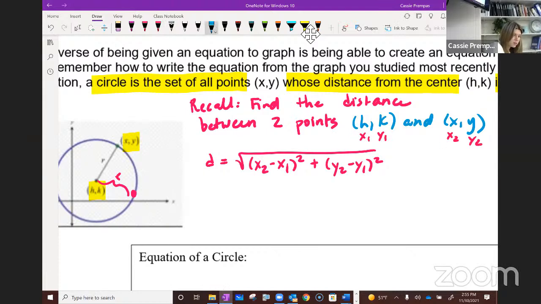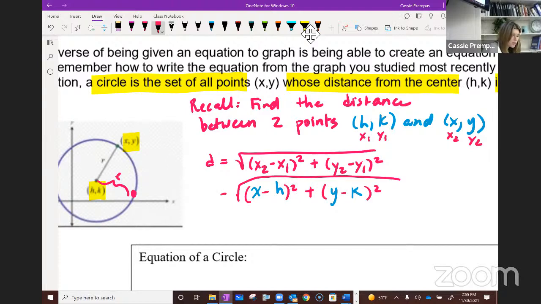And just as a side note, that's a comma. That's not an x1. So we'd plug that in. We'd plug in x for x2. We'd plug in h for x1. We'd plug in y for y2. And we'd plug in k for y1. And we would have the square root of (x minus h) squared plus (y minus k) squared is going to equal, now let's go back to the picture.